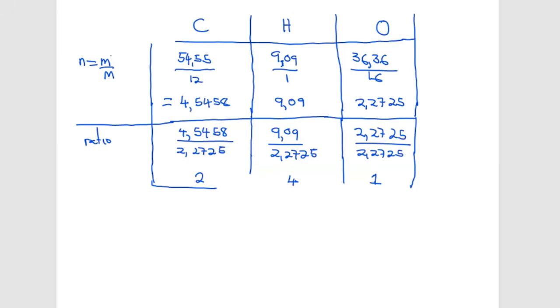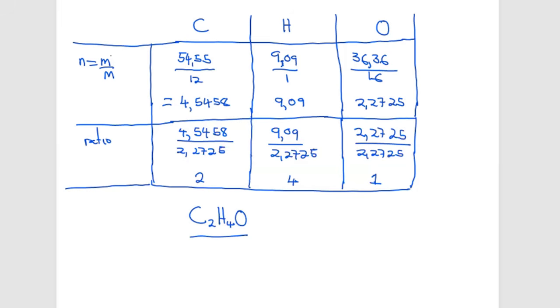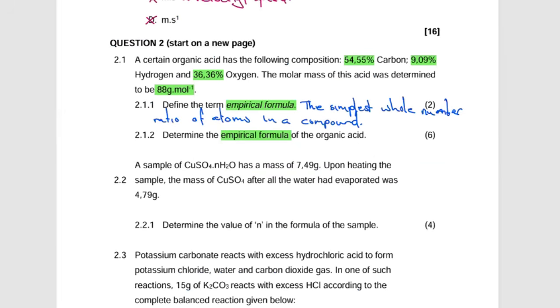Then after this, we're supposed to write the empirical formula, right? So we're going to have 2 carbons, 4 hydrogens and an oxygen. So this is how we're supposed to calculate our empirical formula for the organic acid.